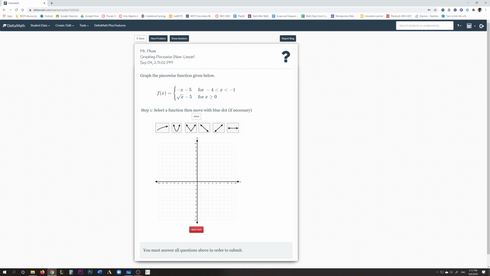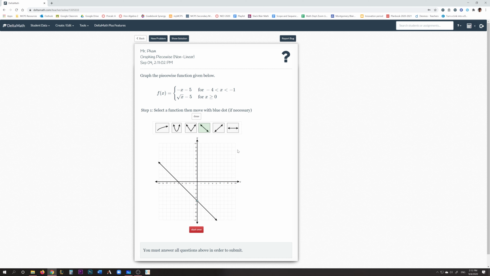We know that this has a slope of -1, so we probably should choose this guy. All right, and we need to drag it so the y-intercept is at -5. So there we go. And can we pick another function? Oh, so we can only do one function at a time. So let's move this down to -5.